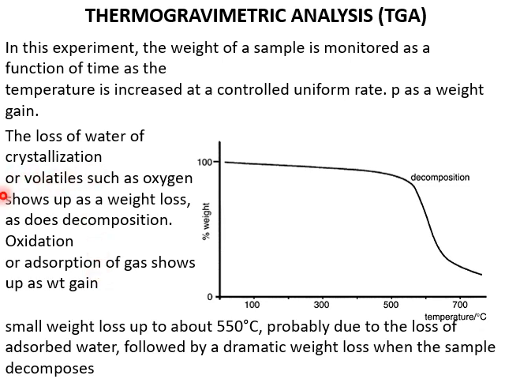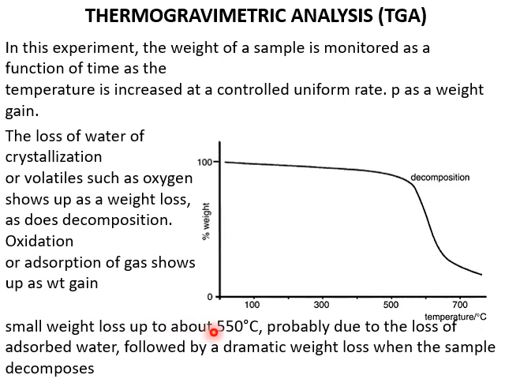Due to what reasons will the weight loss take place? If there is water of crystallization, when we increase the temperature, water of crystallization is lost, and oxygen is lost, so the weight of the sample will decrease. Due to decomposition, the weight of the sample will also decrease. But when there is oxidation or adsorption of gases, the weight of the sample will increase.